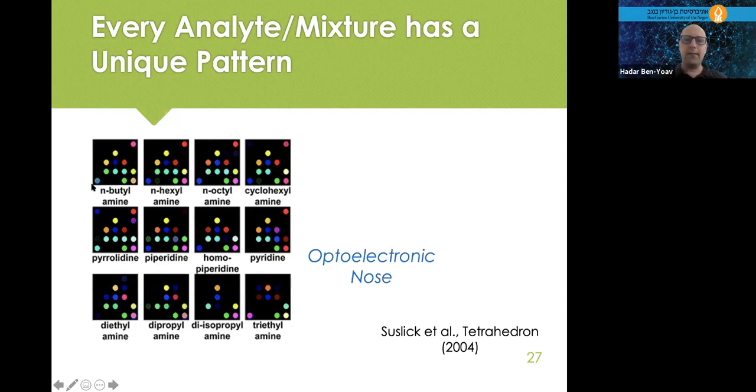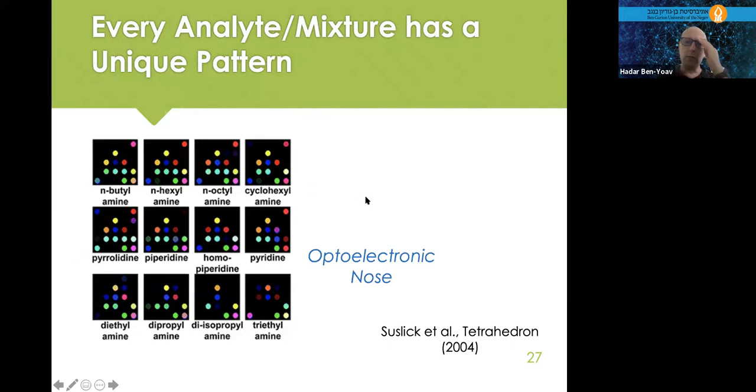So when we start to test the response of the sensor array to different types of chemicals, we start to see a pattern. For example, for N-butylamine, we don't have any reaction from this chamber, while for pyrrolidine, we do have some kind of reaction in this sensor.